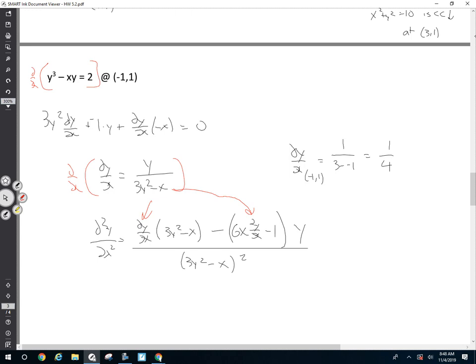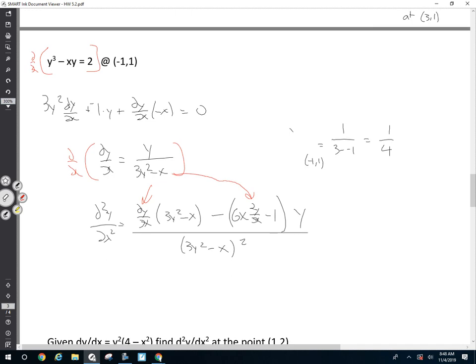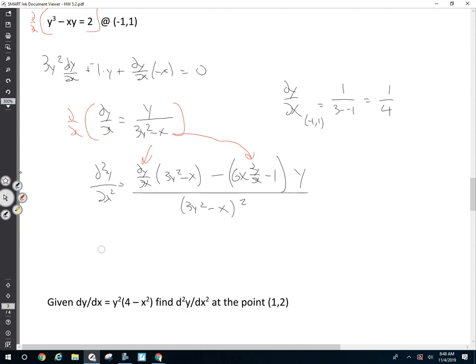So if I was going to evaluate d squared y over dx squared at negative 1, 1, I would have 1/4 every time I had dy dx. 3 minus negative 1 is 4. 6 times negative 1 times 1/4 minus 1 over, it's going to be 4 squared, 16.